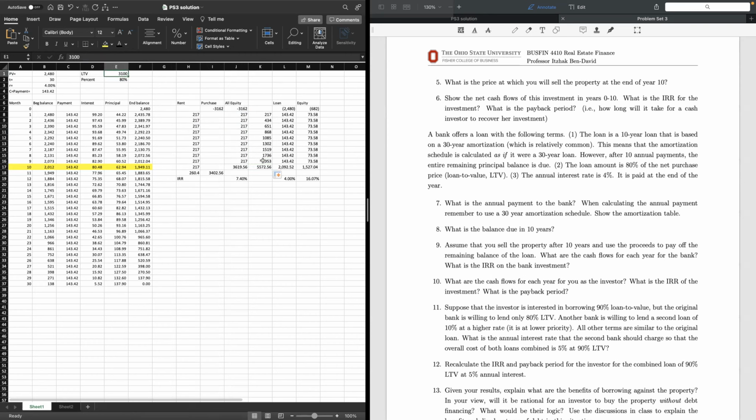Until the end of year 9, you only get around 1.9 million, about 2 million back, compared to the 3.1 million that you invested. This is not enough. But at the end of year 10, you get around 5.6 million, which is bigger than the purchase price. So year 10 is the payback period.